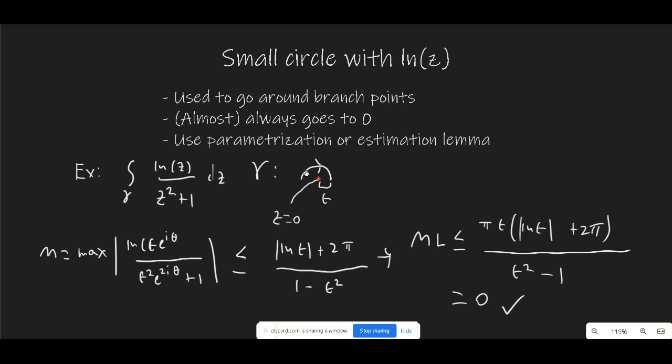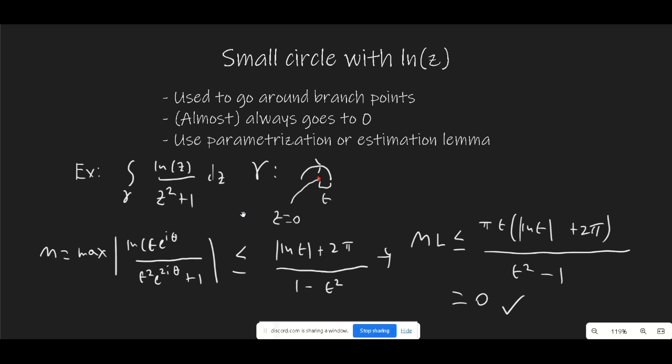And then that means that ML, remember that L is going to be pi times epsilon, is going to be less than or equal to pi epsilon times the modulus of natural log of epsilon plus pi. And on the bottom, this should be 1 minus epsilon squared, not epsilon squared minus 1. Don't worry about that. But anyway, as we take the limit as epsilon goes to 0, this epsilon on the top is just going to dominate over everything, and so it's just going to be equal to 0.